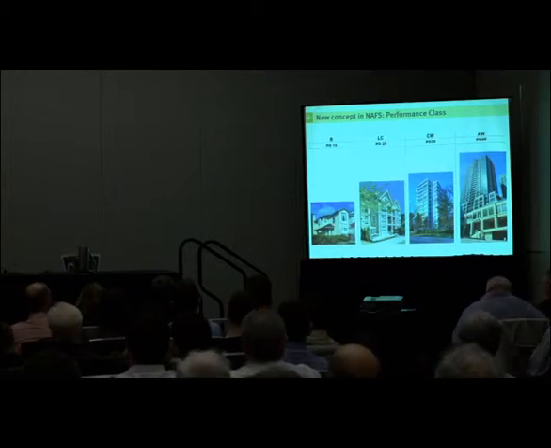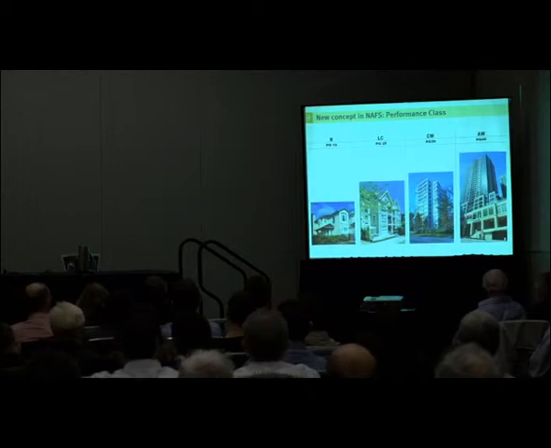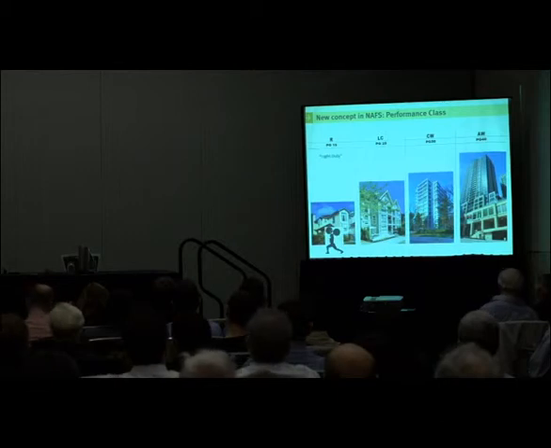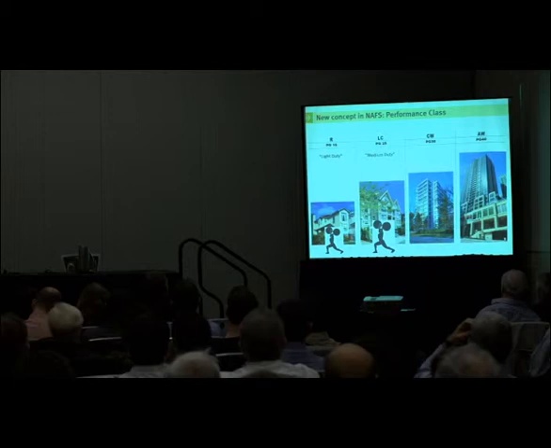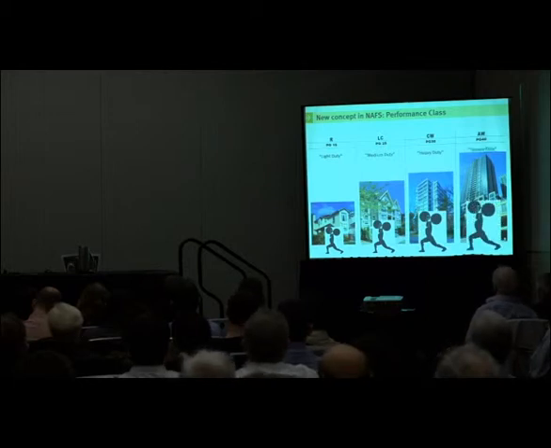Now, performance class. What is performance class? We have 4: R, LC, CW, and AW. And I like to think of these as light duty, medium duty, heavy duty, and severe duty categorizations.